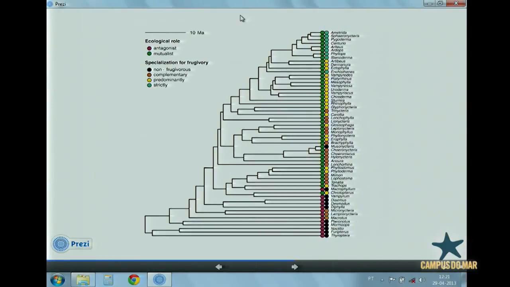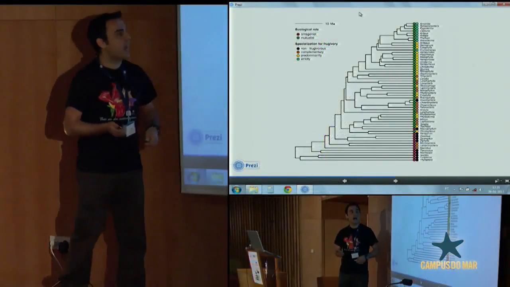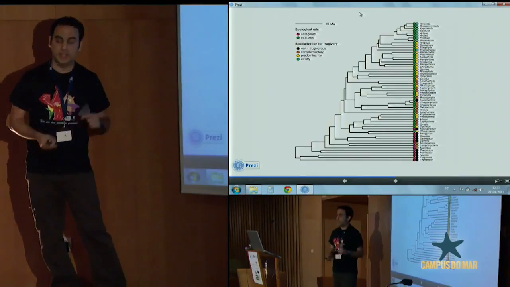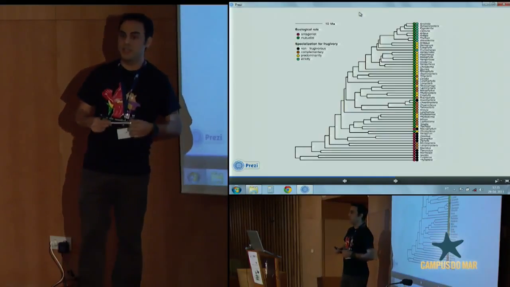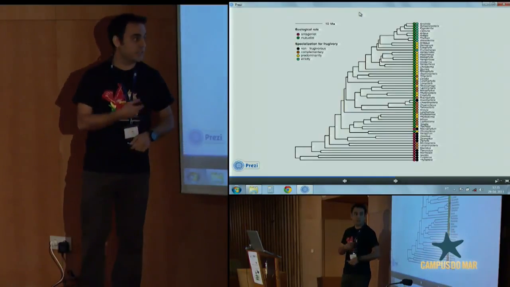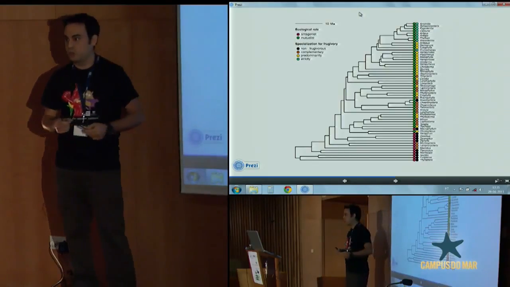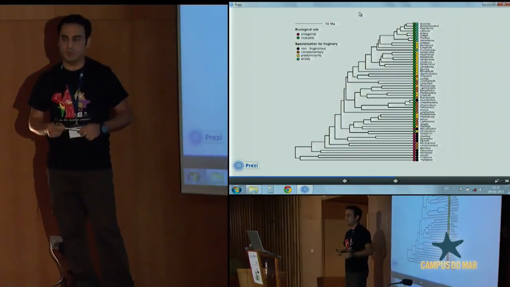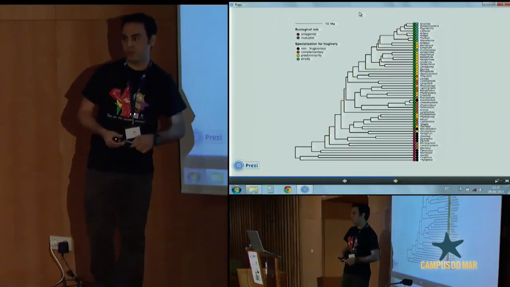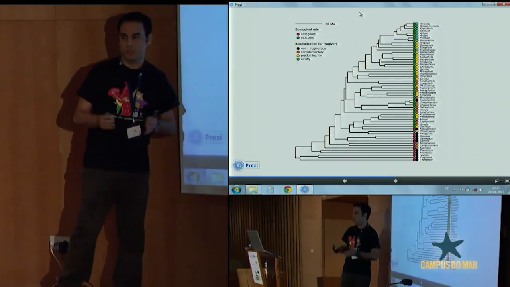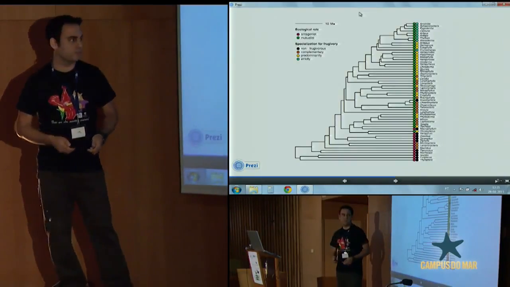First, we estimated a phylogeny of the New World families of the superfamily Noctilionoidea based on both nuclear and mitochondrial markers, and we calibrated that phylogeny in time. Then we gathered information about the feeding habits of the lineages, and that allowed us to classify lineages as antagonistic and mutualistic, and also to establish four levels of specialization for frugivory, from non-frugivorous to strictly frugivorous lineages.